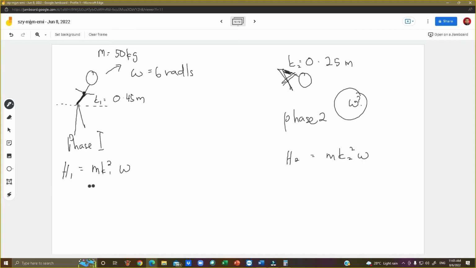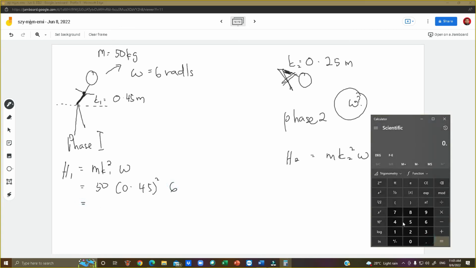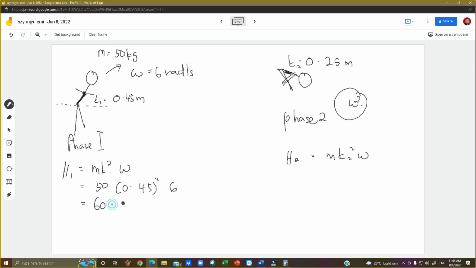Okay, so H1 berapa? 50, 0.45 square, 6. 0.45 square times 50 times 6. The momentum here is 60.75 kgm square per second.